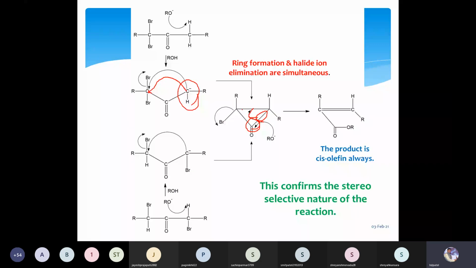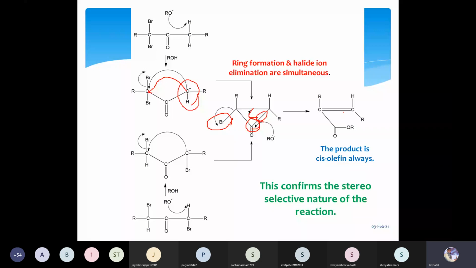Already I mentioned why it happened. It happened because of the characteristic of this leaving group. It is Br minus. Br will pull electrons, and that's why this happened. As a result, we will get a carbon-carbon double bond, and here the ester.